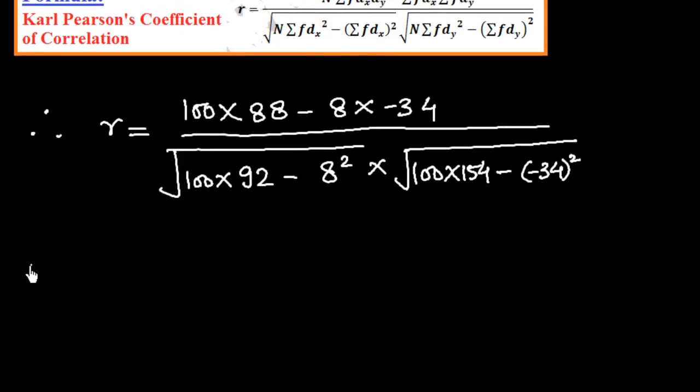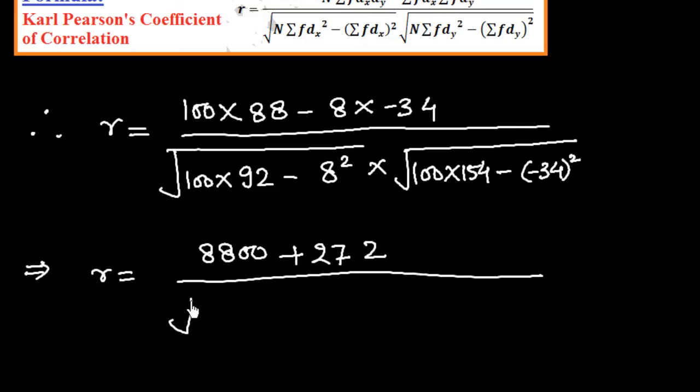Now we simplify this. It is 8800, minus into minus plus, 8 4 times 32, 3 carry, 8 3 times 24 and 3, it is 27.